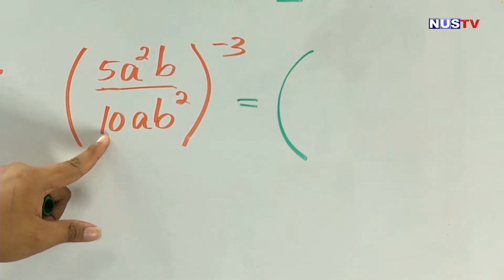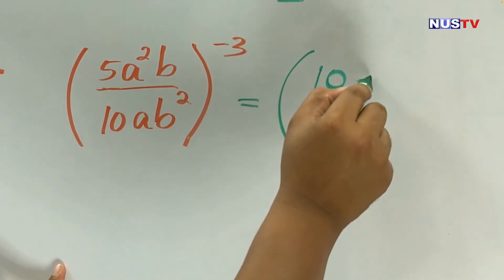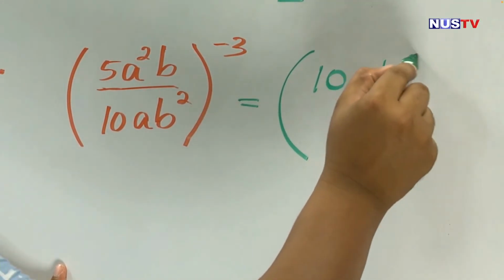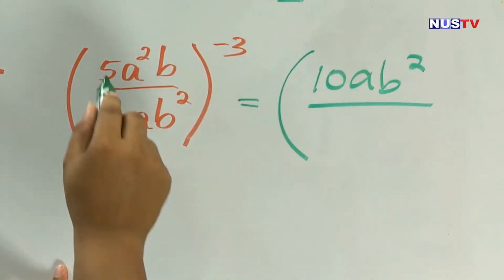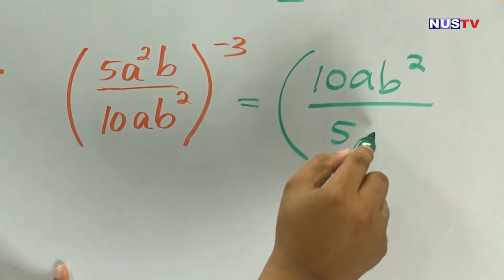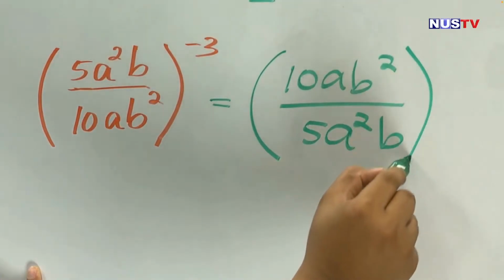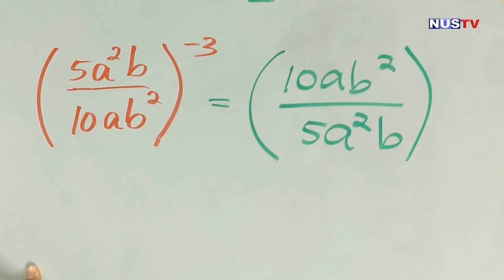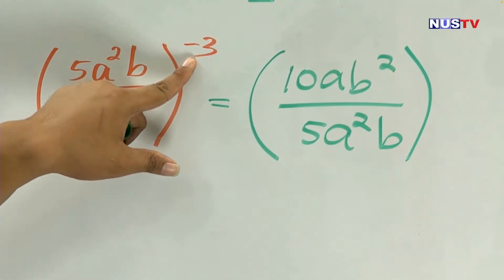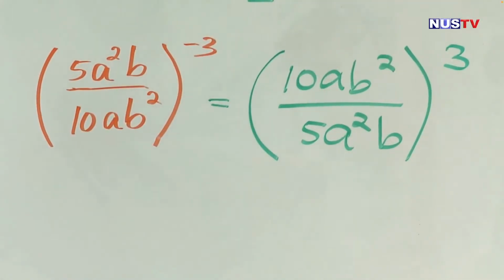Our denominator here will become our numerator, so that will be 10ab squared divided by, that numerator will become the denominator, so 5a squared b, all of that will be raised to a power of, instead of -3, because we are flipping them, the power becomes +3.